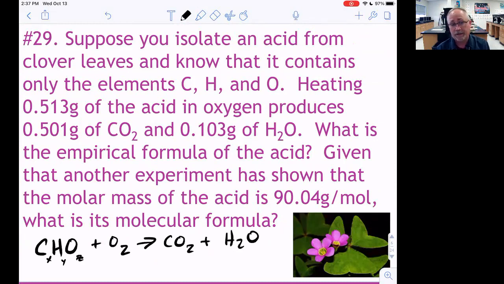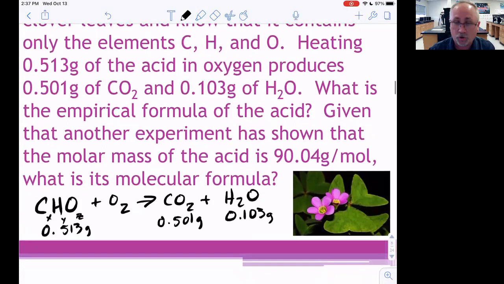So heating 0.513 grams of the acid actually produces 0.501 grams of CO2 and 0.103 grams of H2O. The carbon dioxide that's produced has all of the carbon in it, and the water that's produced has all of the hydrogen in it.